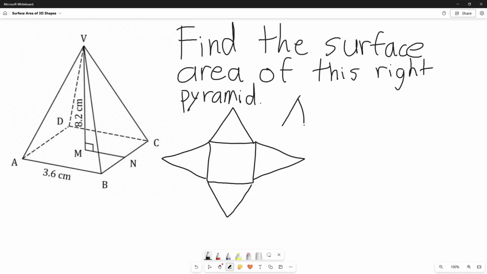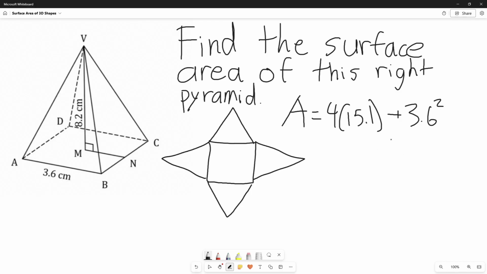So first, let's write area equals 4 times 15.1, because there's 4 of them, and they're all the same because this is a right pyramid. And now we just need to figure out the area of the square for the base. And we're given one of the edge lengths, which is 3.6. And to figure out the area of the square entirely, we just square that.